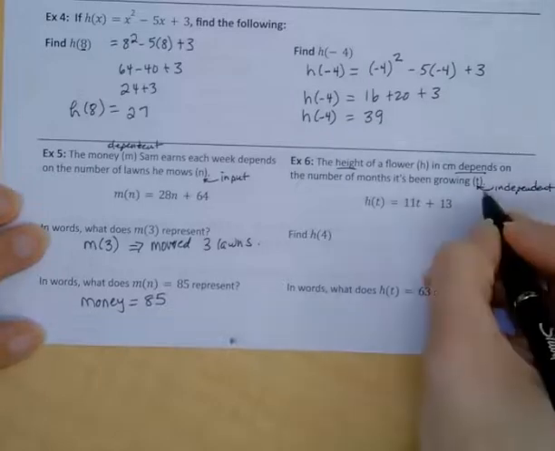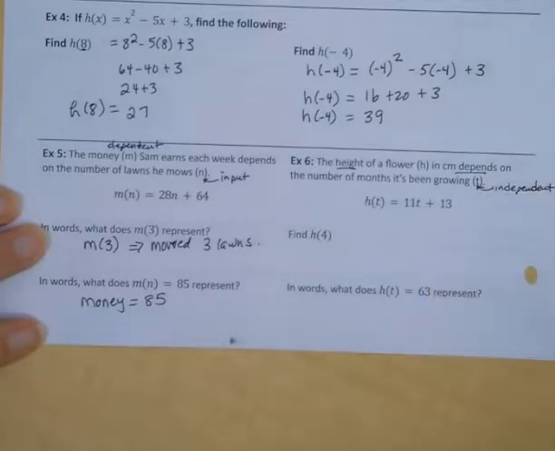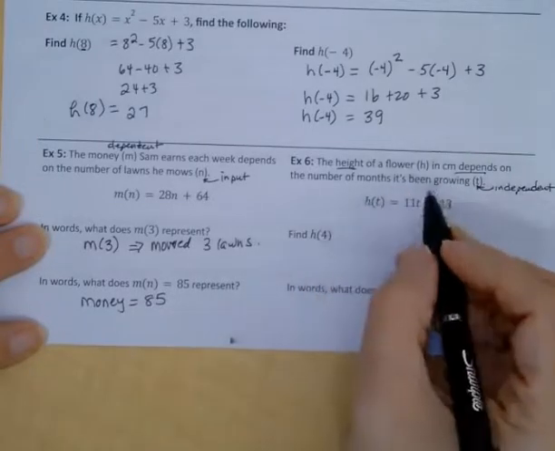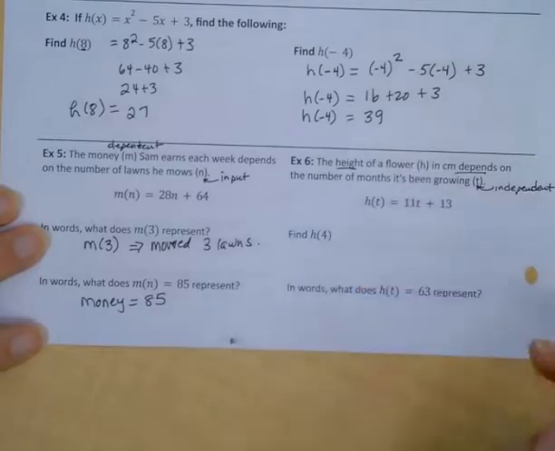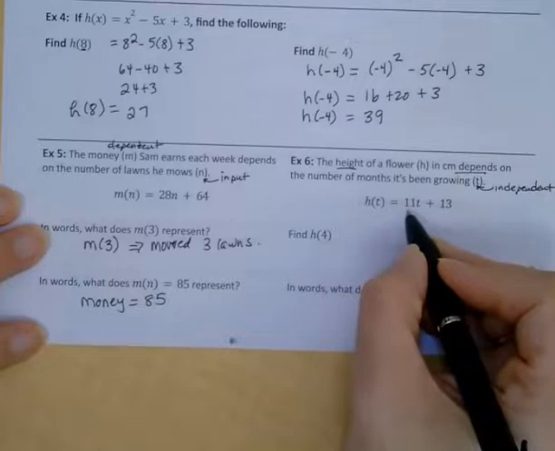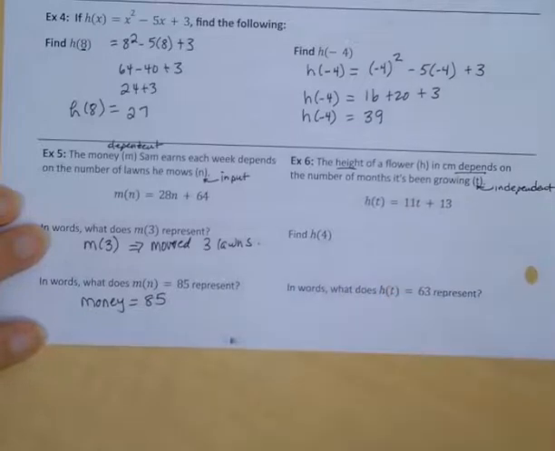All right, so time is the independent variable, and the output is what happens after I plug in some amount of time. So I'm calling this function h, and my h of t equals 11t plus 13.